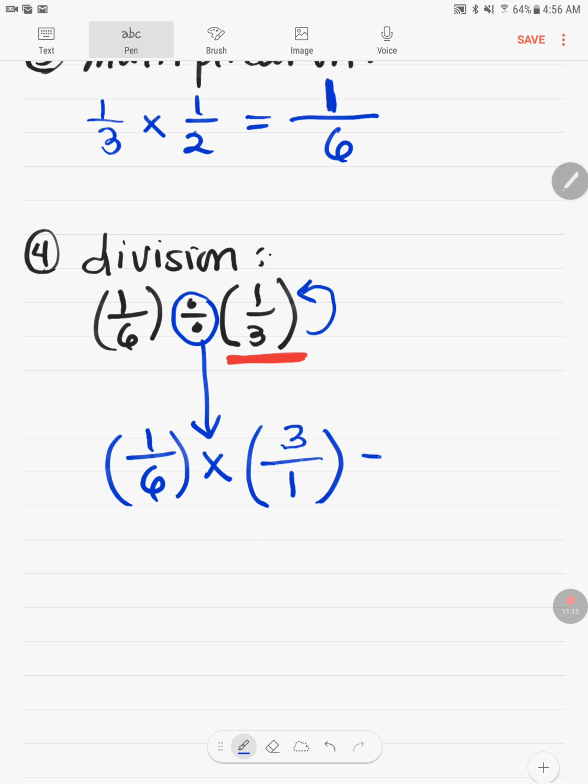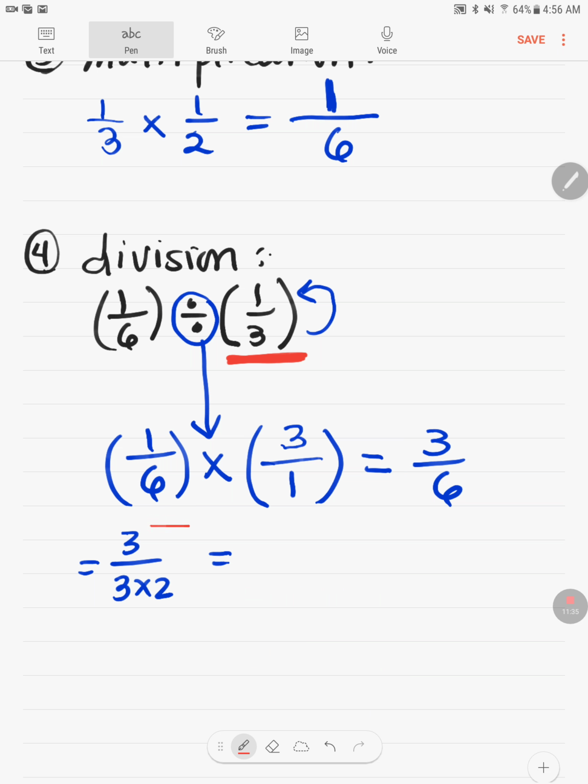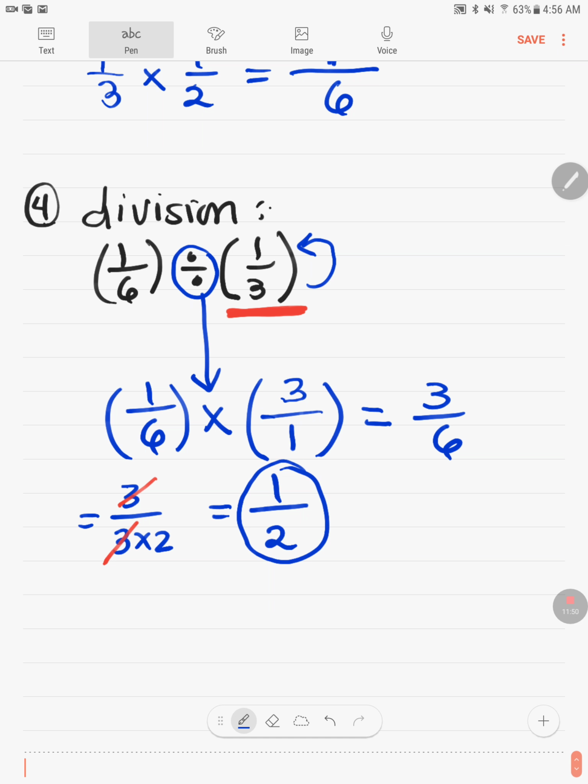This is equal to 3/6, or we could think about the 6 as 3 times 2, so it is 3/(3 times 2). Since we have the same number as a factor in the numerator and the denominator, they cancel, and in fact we get 1/2 as the desired answer that we guessed.